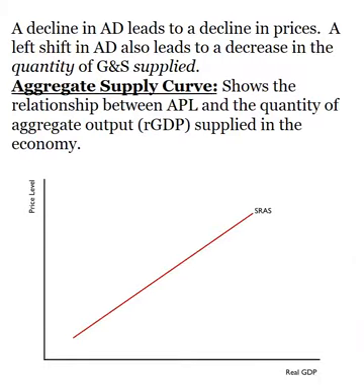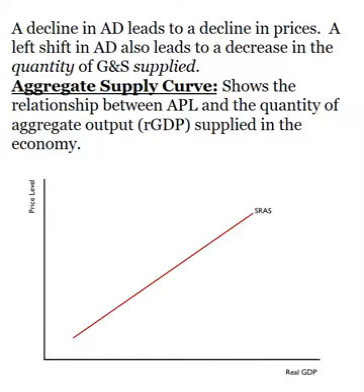If AD declined or shifted left, that would mean that prices went down as well. Also, if AD shifted left, that would impact the quantity of supply, the SRAS.